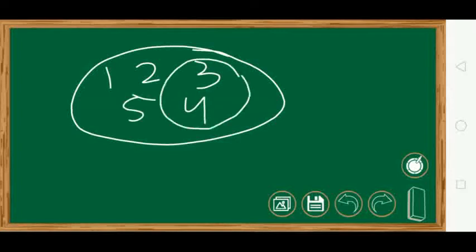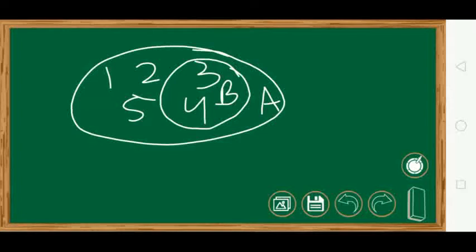Now this is your 1, 2, 3, say 4 and 5. Now here I will draw a circle, say this is B and this is my A. So this is how I can show intersection.